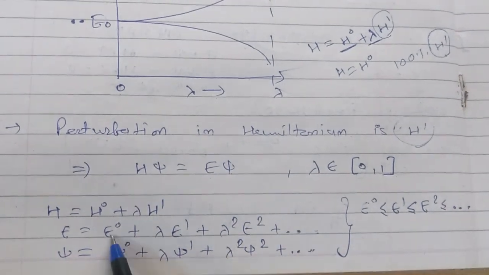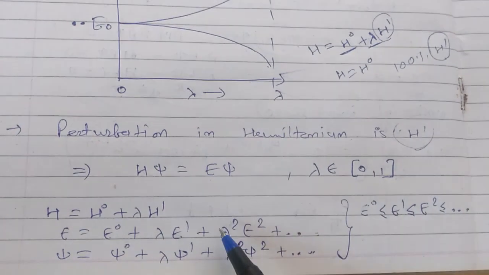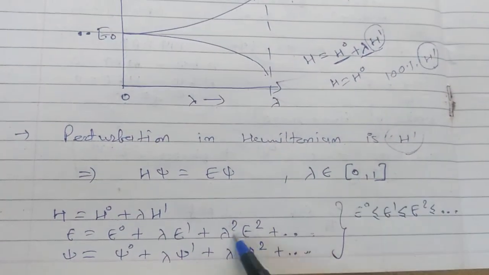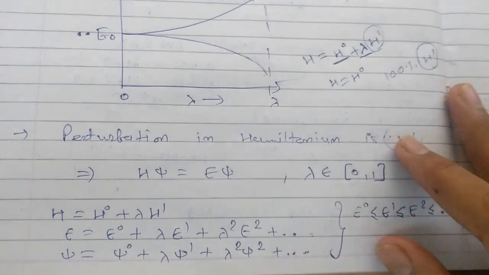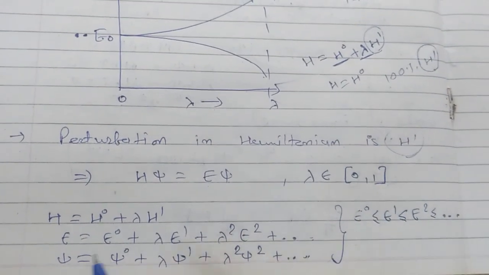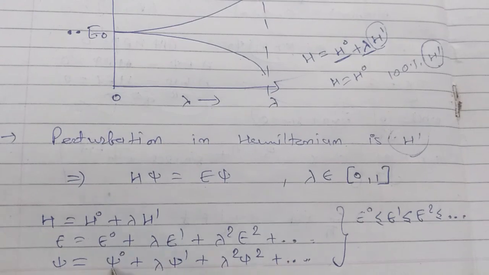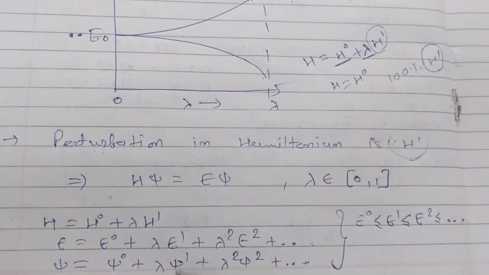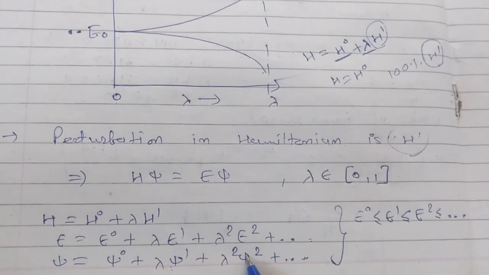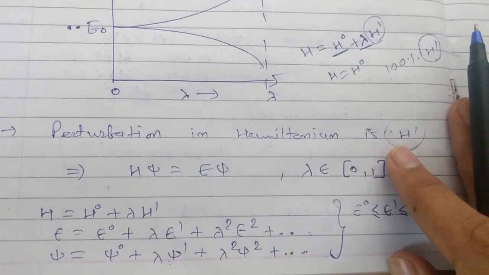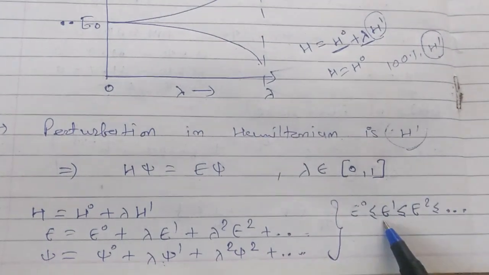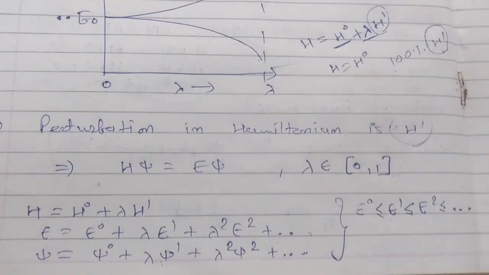Here E naught is the energy of the unperturbed system, E1 is the energy of the first order correction, E2 is the second order correction in energy. The same goes for psi, the wave function: the unperturbed wave function, first order correction, second order correction, and so on. It can be noted that E naught is less than or equal to E1, less than or equal to E2, and so on.